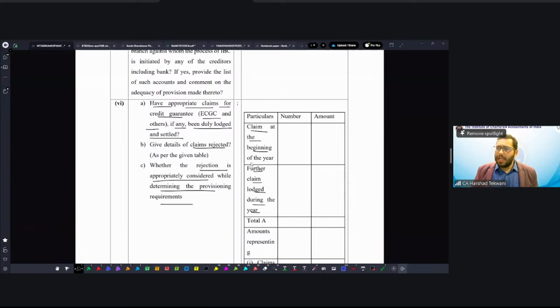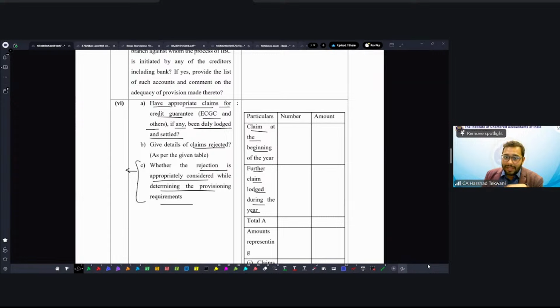So what will happen if there is a rejection? The asset will become NPA. Absolutely. The asset will become NPA, and now all the provisioning requirements, whether substandard or doubtful, will be applicable to it. Accordingly, you are required to now make the provisions.